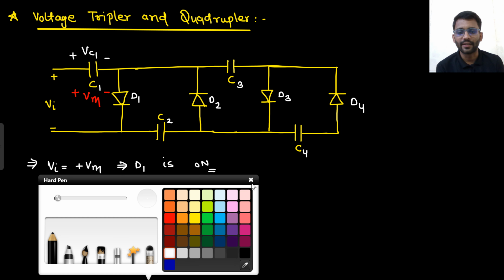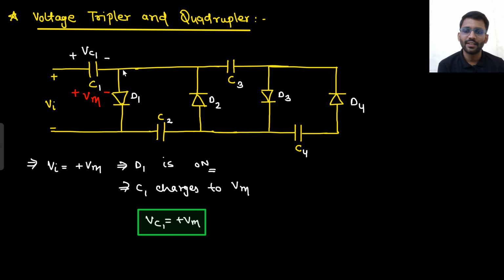Let's talk about other diodes now. So this is Vin, so this potential will be Vin minus Vm, right? We can call this as ground. So this will be 0 only. Is there any initial charge on capacitor C2? No. There is no initial charge on capacitor C2, so this will be also 0. Here you are having Vin minus Vm.